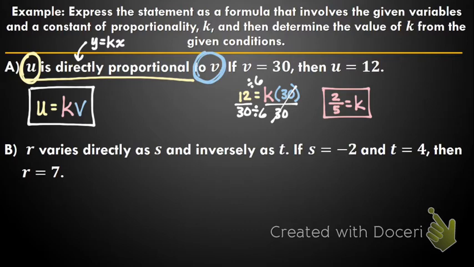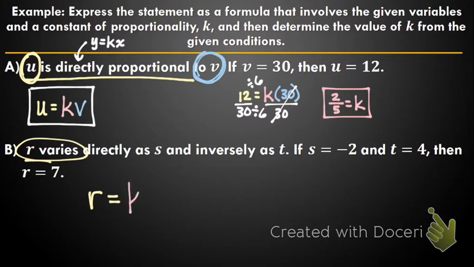Let's look at example B. It says R varies directly as x or as s and inversely as t. Which variable goes on a side by itself? R. R goes on a side by itself. So I have R equals as the beginning of my formula. Right after the equal sign, I always put what?